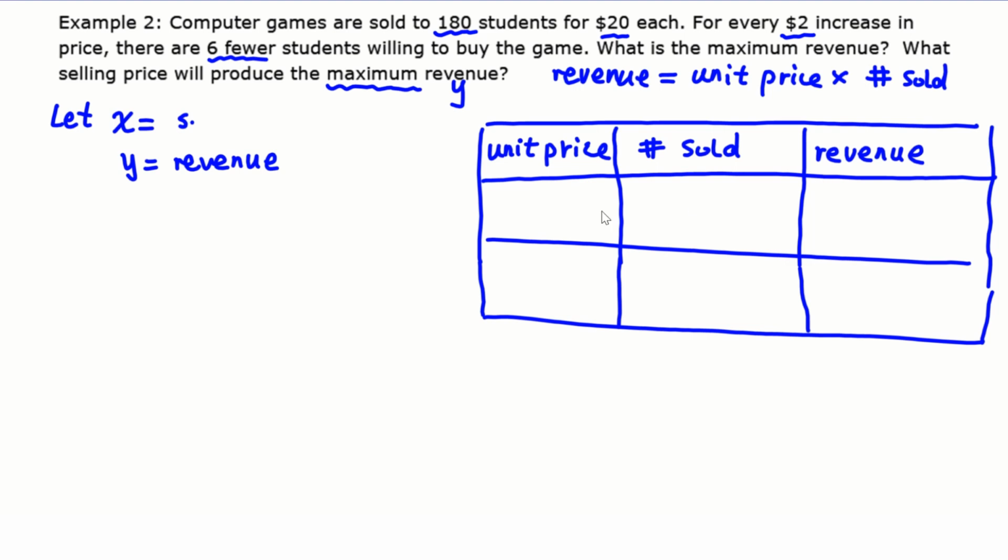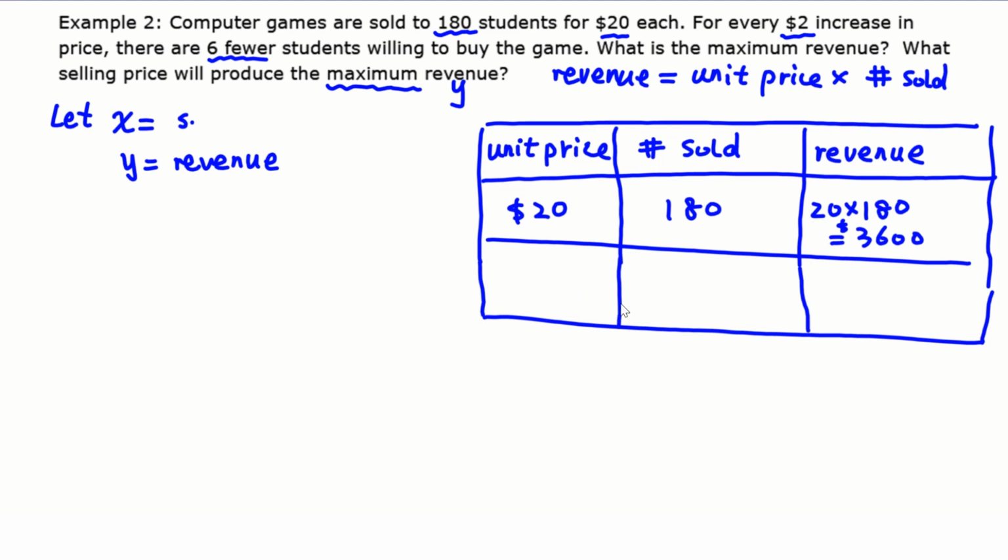The first sentence gave us $20 each, and the number sold is 180. The revenue will be these two numbers multiplied, 20 times 180 gives you $3,600. And after that, we want to change the price.